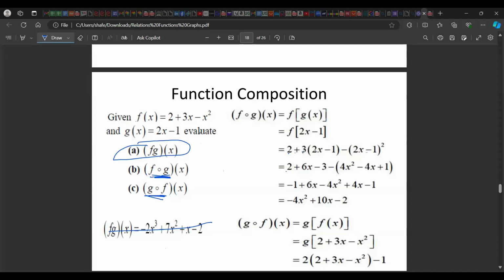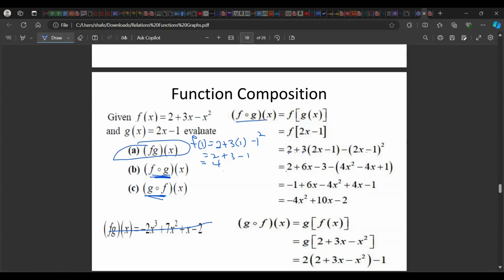So just like if you wanted to find out what is F of 1, what we would have done is put 1 in the place of x, right? So you have 2 plus 3 times 1 minus 1 squared, which is 2 plus 3 minus 1, which is 4. So now we're not putting in a number 1, we're putting in a whole function, as you see here.